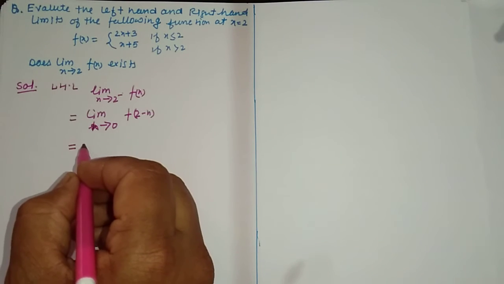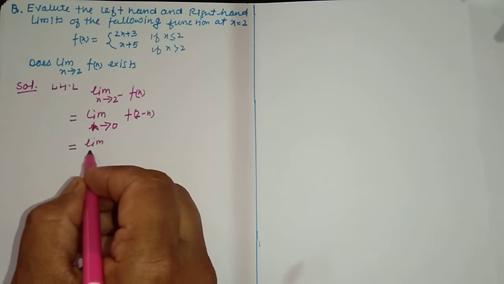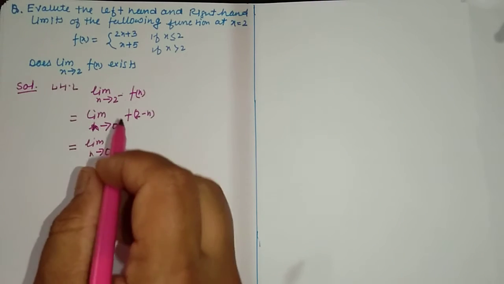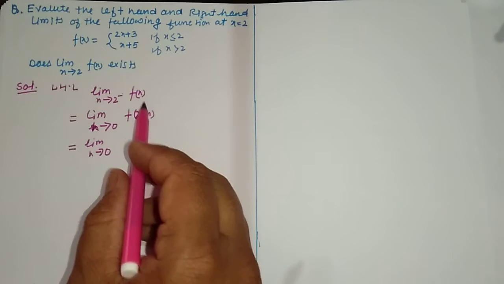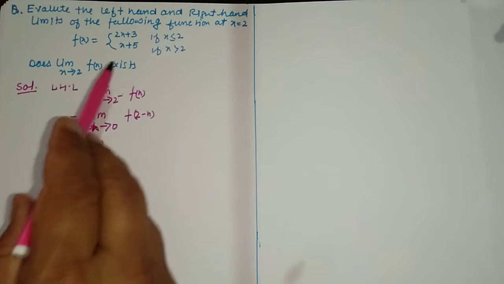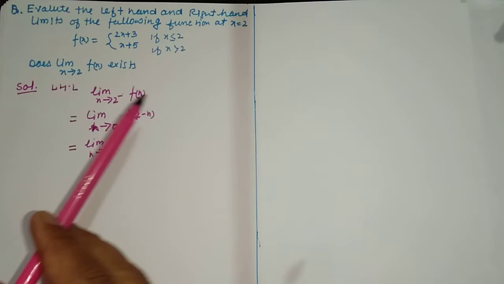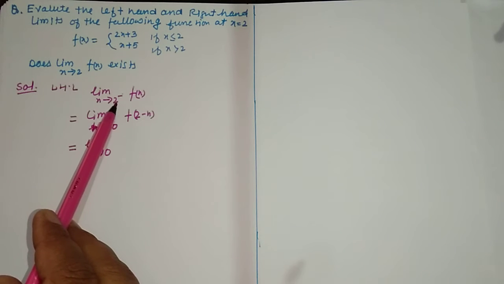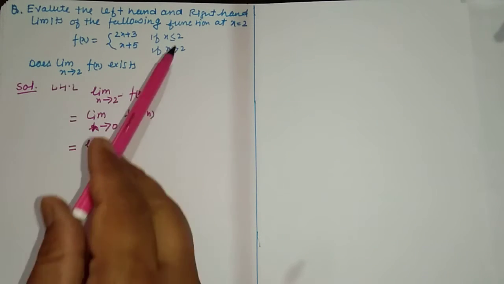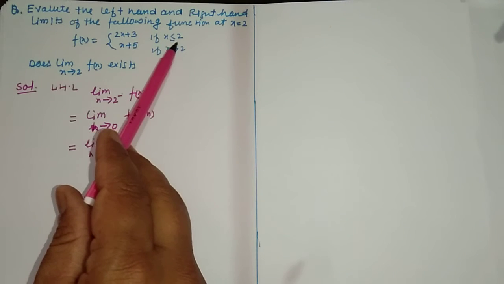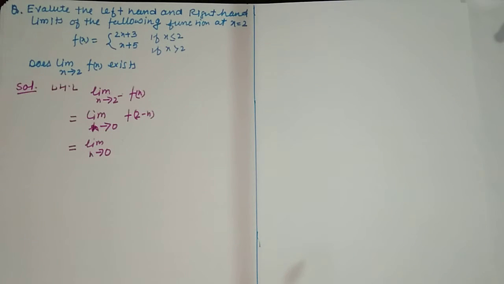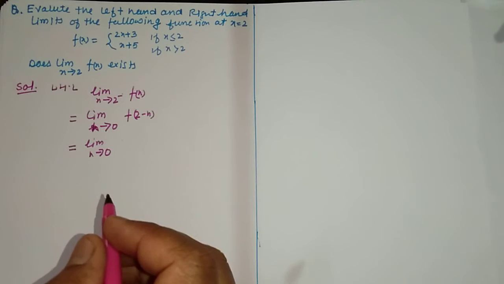Limit h tends to 0. Now in place of x we have 2 minus h, so first of all we'll select the function. We are talking about 2 minus, which means the value of x is less than 2, so we'll select this one.